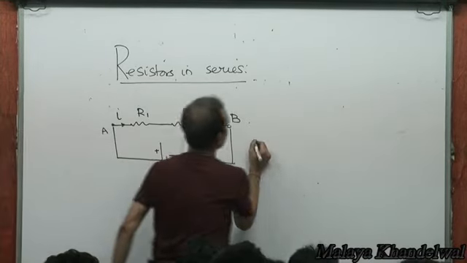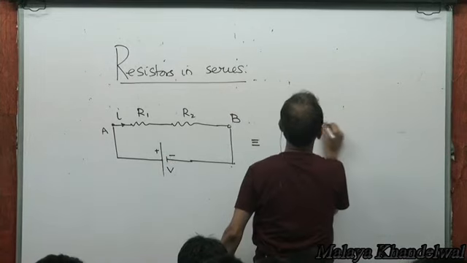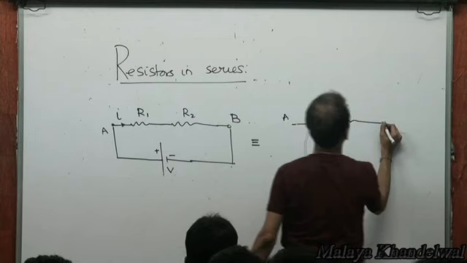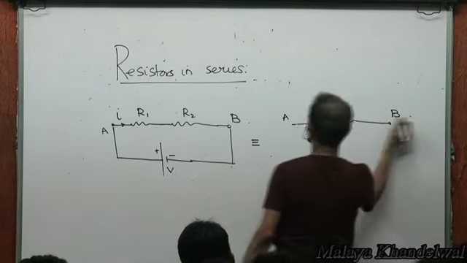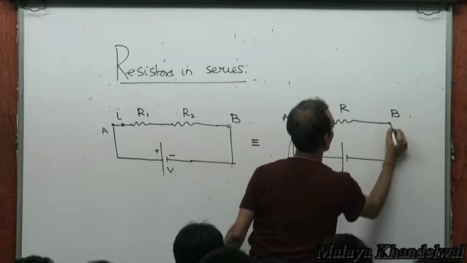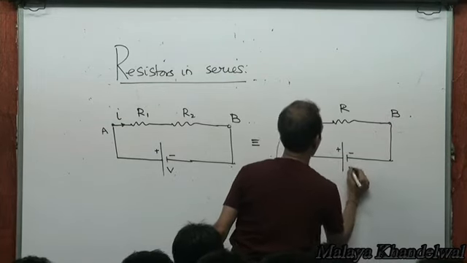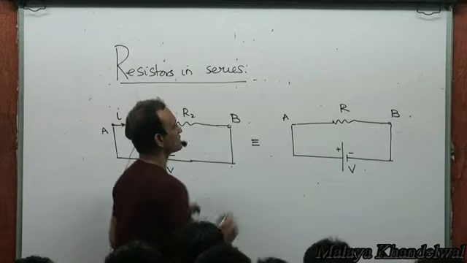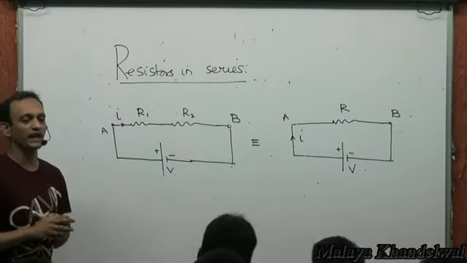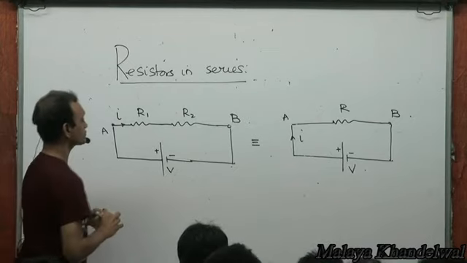This is equivalent to a single resistance connected between A and B. When the same V volts is applied, the same current I must flow, right?